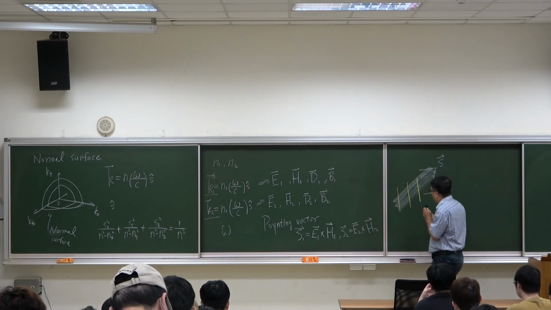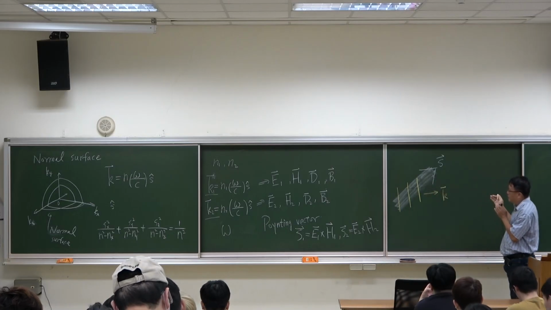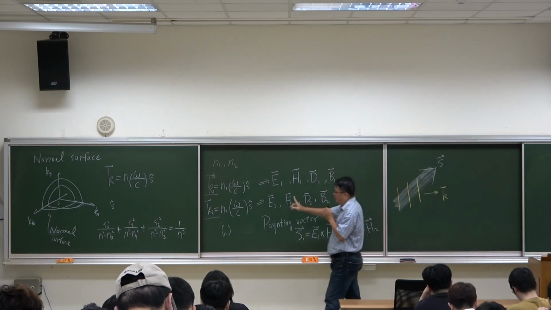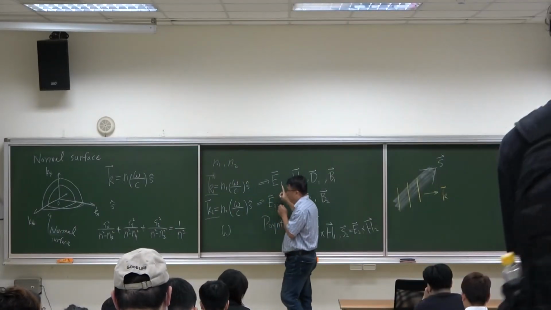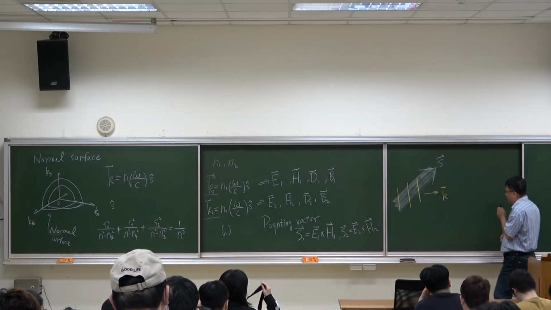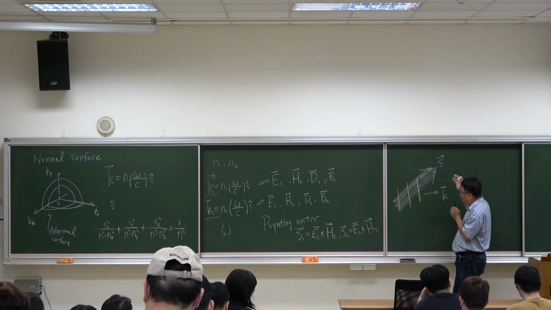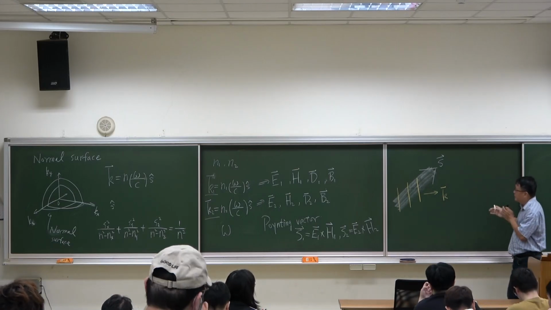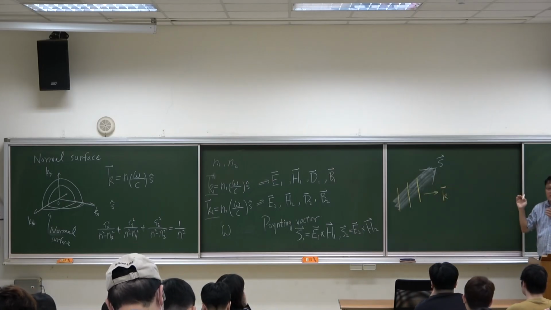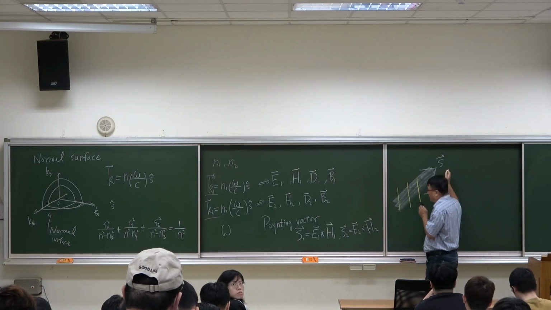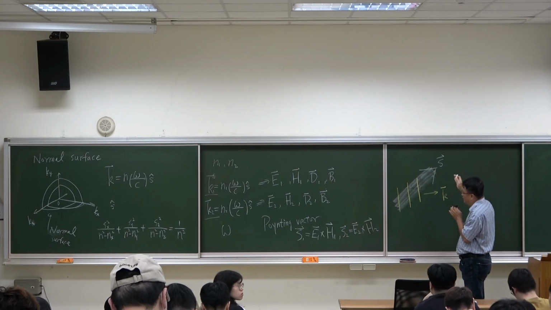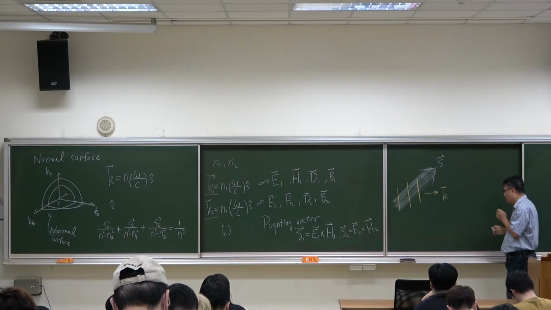But for some very special situations, for example, when the E or H points along the so-called principal axis, then you will find that for those special situations, S is parallel to K. Only for those special situations, S is parallel to K. But in general, S and K are propagating along different directions.